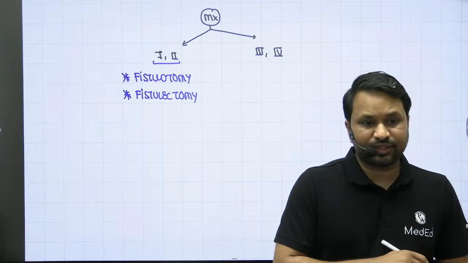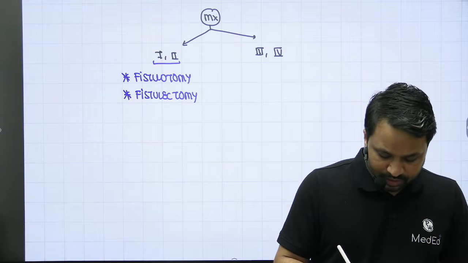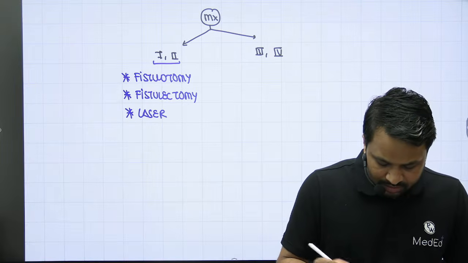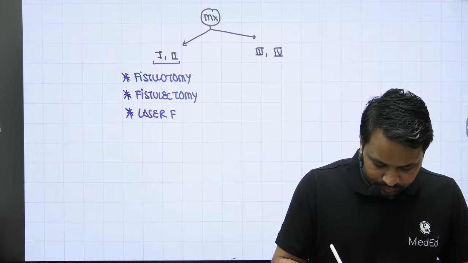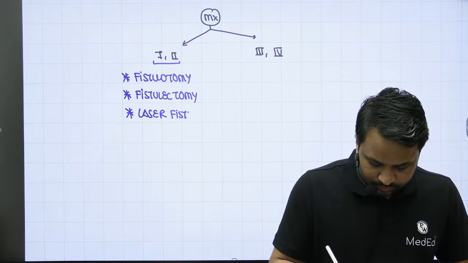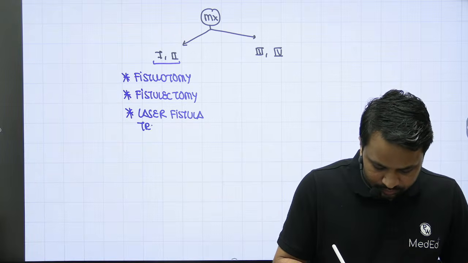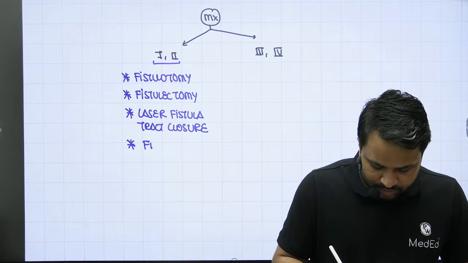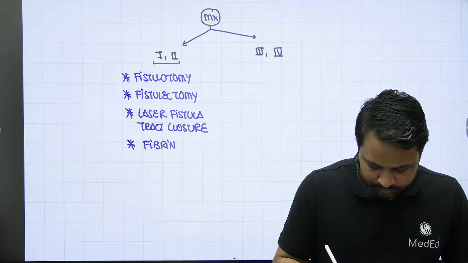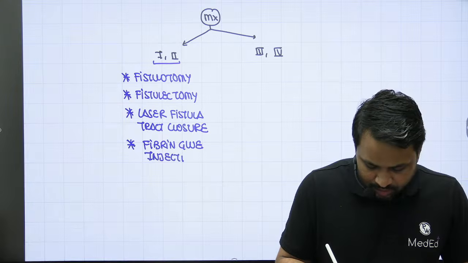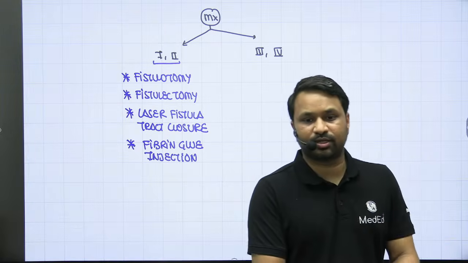Also, you can go ahead with laser fistula tract closure, or you can also go ahead with fibrin glue injection. These are the other options for closing the fistulous tract.